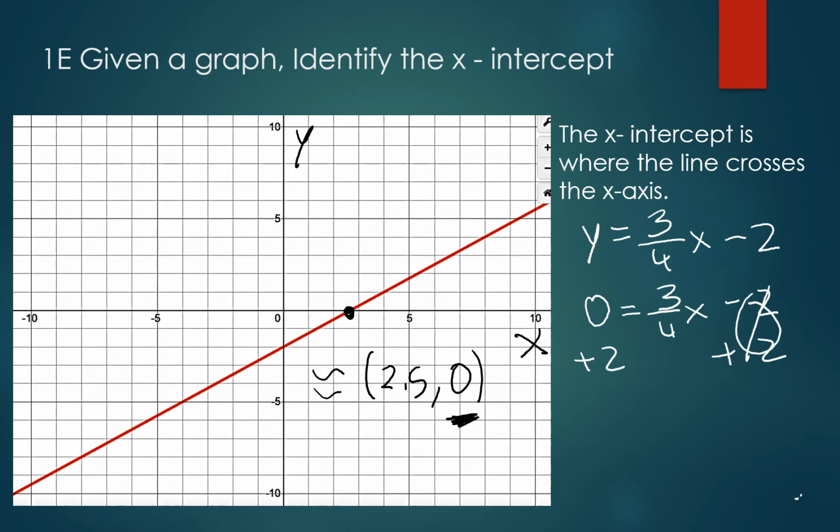This gives me a 0 pair. 0 plus 2 gives me 2, equals 3 over 4 x. Now I'm going to divide by the coefficient, which is 3 over 4. So 3 over 4 divided by 3 over 4 gives me 1. And I'm going to divide this by 3 over 4, which gives me 2.66.